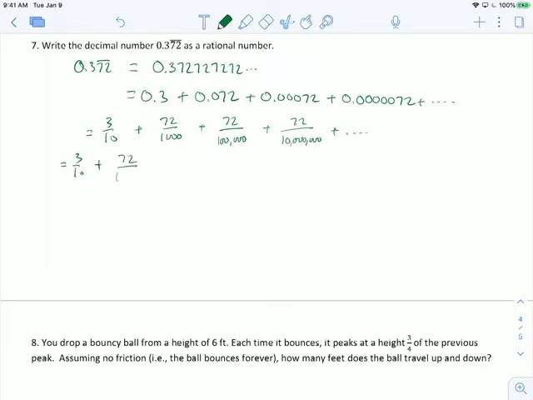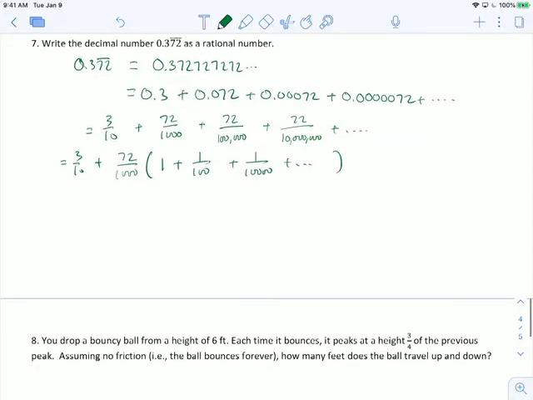But I can factor out 72 over 1,000 from all the other terms. And I'm left with a 1, and then that's going to be 1/100, and that's going to be 1/10,000, and so on. But now I want to remember that 10,000 is 100 squared.